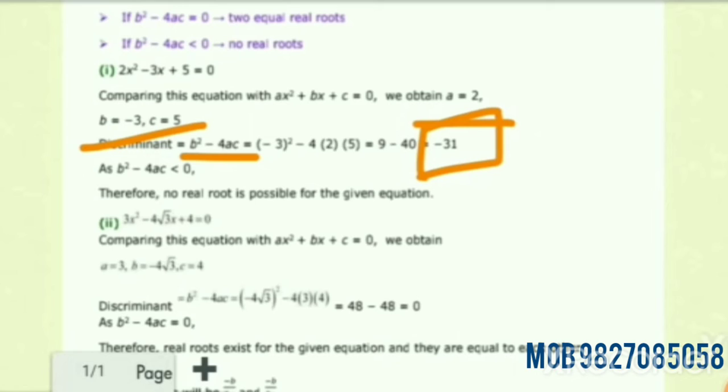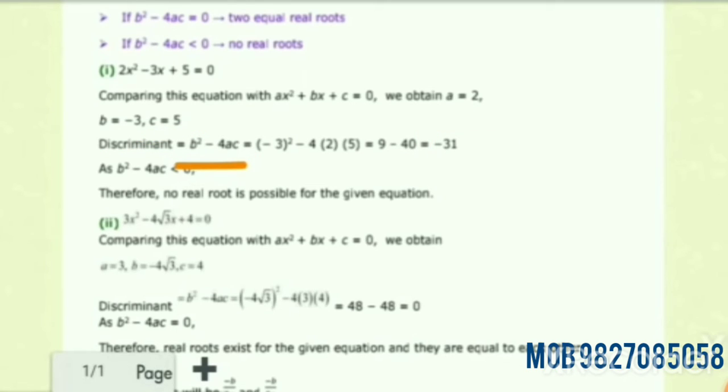If the value is positive then we can say roots are real. If the value is negative then roots are not real. If the value of D is equal to 0, then the roots are equal. Now put the values of a, b, c in b square minus 4ac, and we find minus 31, so we can say easily there is no real root possible.